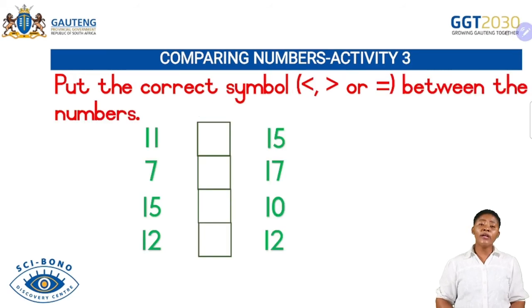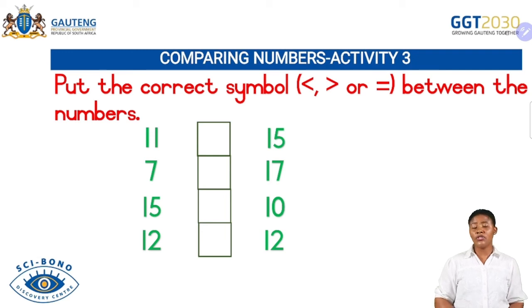Let's move on. Now we are going to put the correct symbol. We have the greater than sign, less than sign, or equal sign between the following numbers. We have number 11 and number 15. Is number 11 greater than, less than, or equal to number 15?